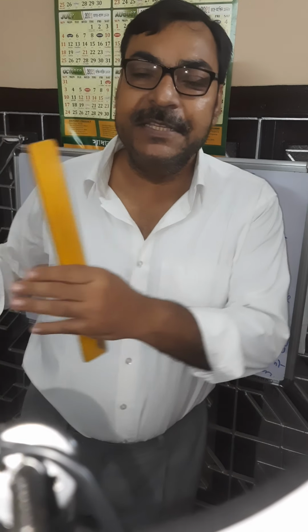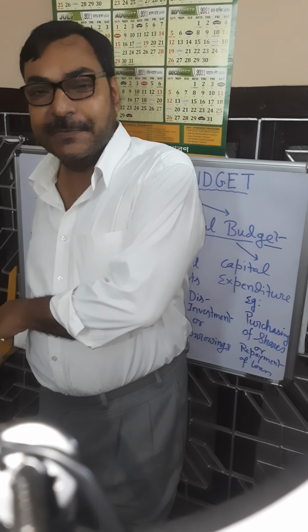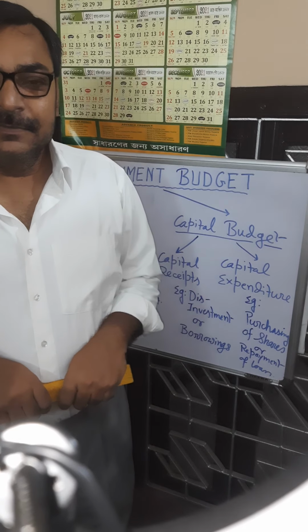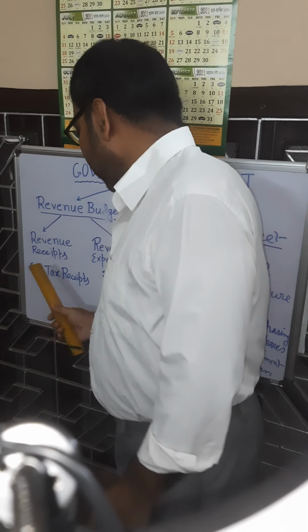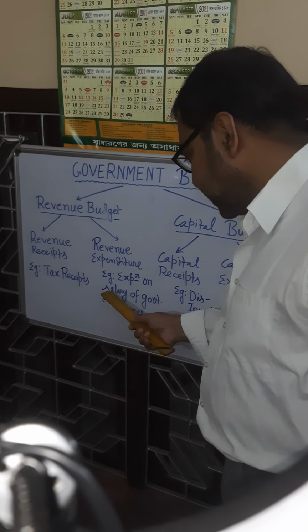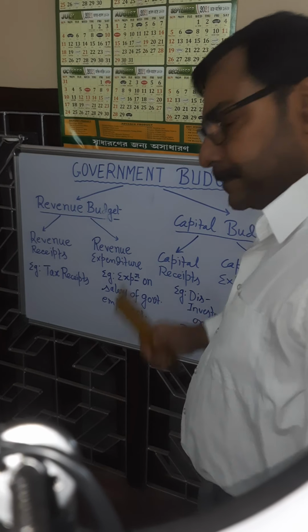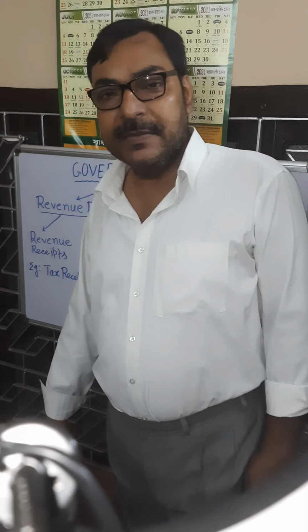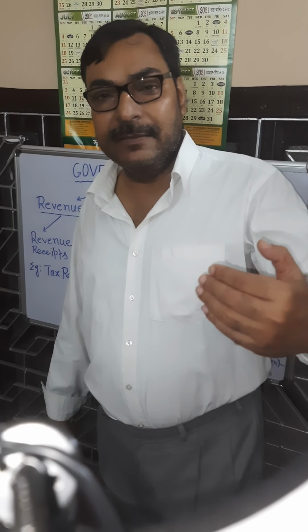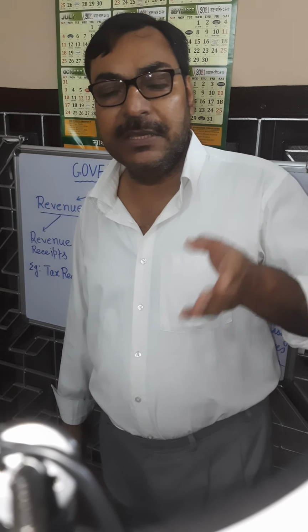Similarly, some expenditures will be included in revenue expenditure, some in capital expenditure. See the example. For revenue expenditure, we are considering expenditure on salary of government employees. Government is regularly paying salary to the government staff.